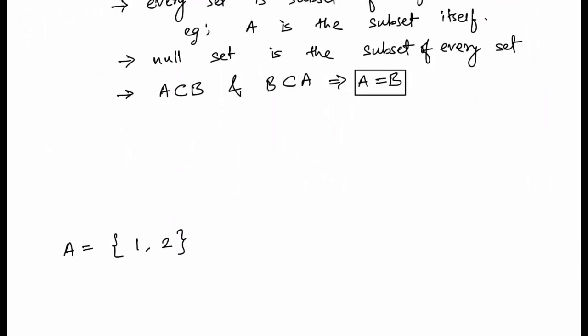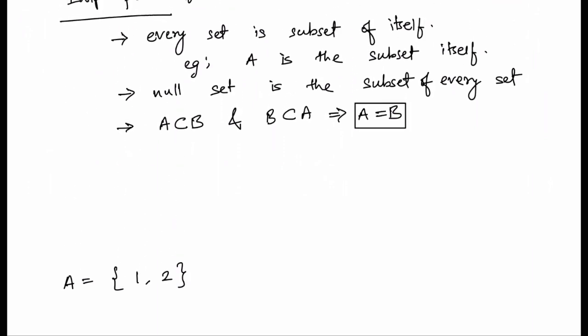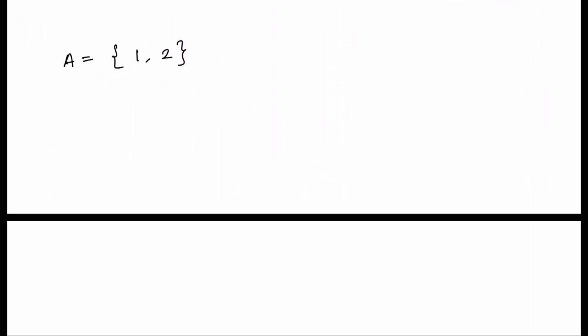First of all, from the important point, we have written that null set is a subset of every set. Means one of the subsets for this set is null set. Okay. Now we can write another set that has only one element 1. Now this is a set which is a subset of set A. Why?